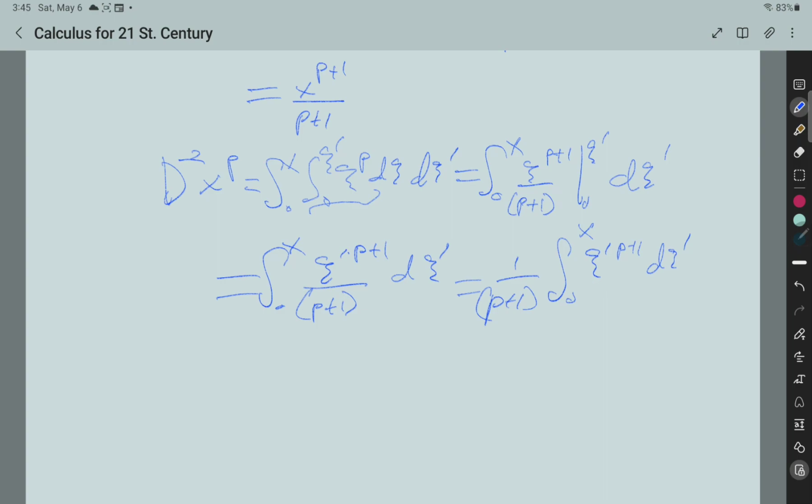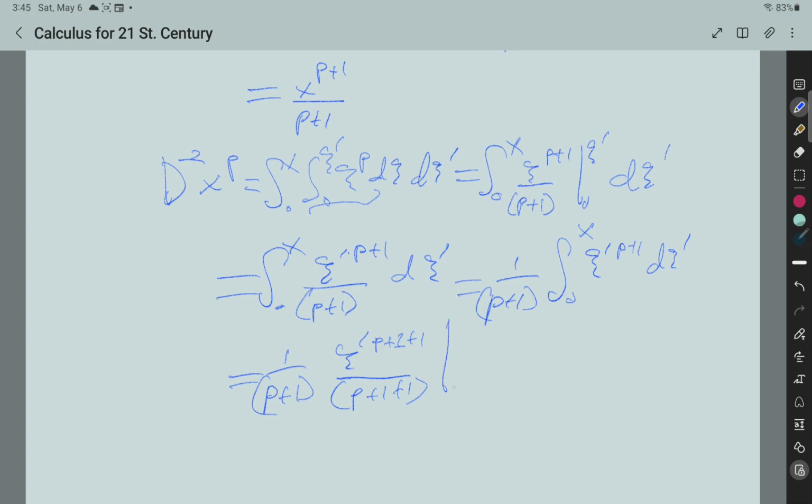So the integration of this is going to be 1 over p plus 1 times c prime to the p plus 1 divided by p plus 1 plus 1, which is p plus 2.